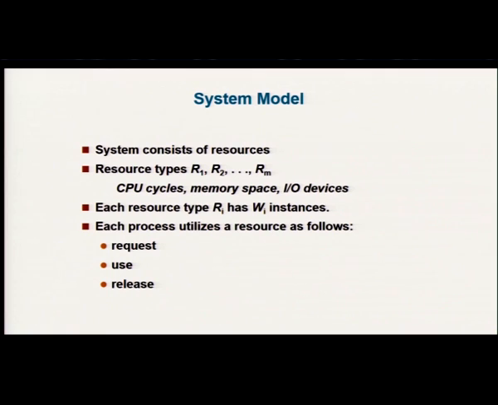We name a resource, give it a notation which tells that it's resource 1. Each resource type Ri has Wi instances. It's quite possible that there may be multiple resources of the same type. R1 is a type of the resource. In this type of the resource there are multiple.